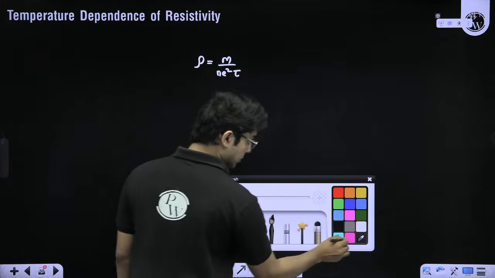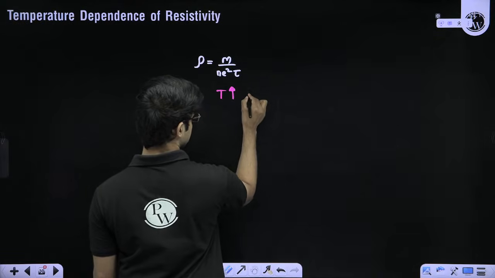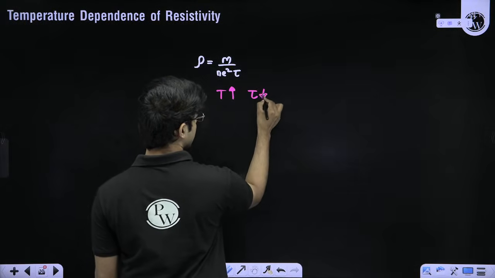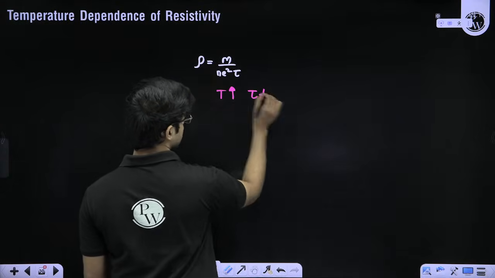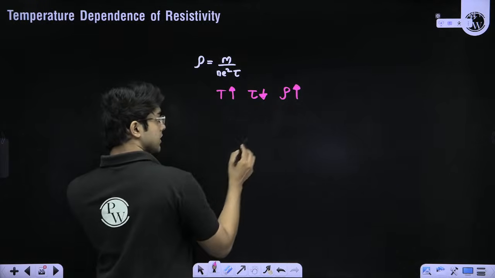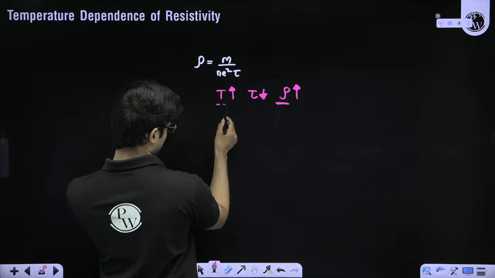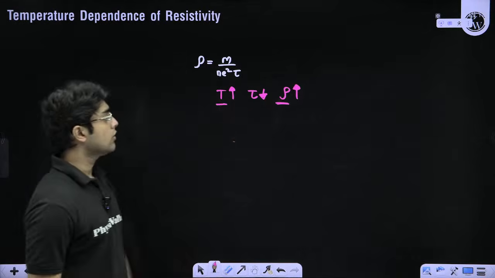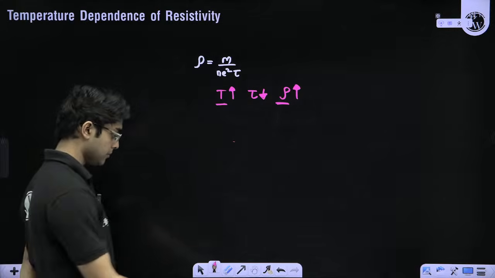When we increased the temperature, we discussed tau goes down, right? So if tau goes down, rho goes up. So you can say there is a proportional relationship between resistivity and temperature. If you increase the temperature, you also increase the resistivity of the conducting material, right?